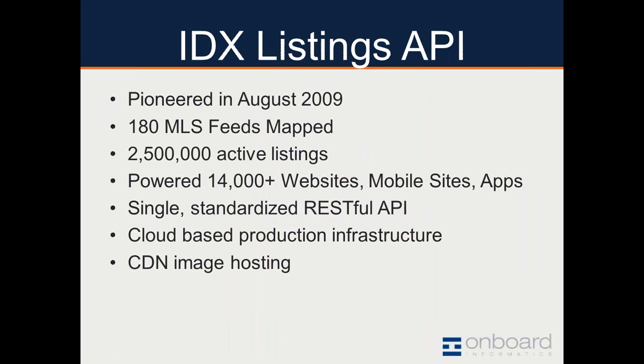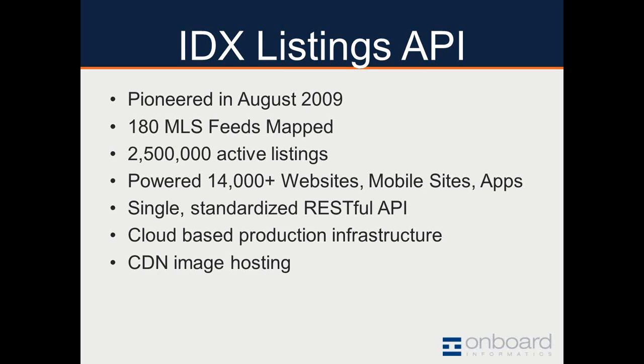So the IDX Listings API, this was pioneered by Onboard in August 2009, and at that time, a lot of the MLSs weren't real familiar with the notion of the API, even though a lot of people were using Google Maps, that's probably one of the first and most popular APIs. Not everybody necessarily knew exactly what an API was, and there was some trepidation.